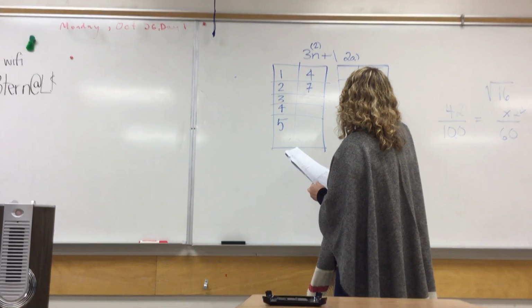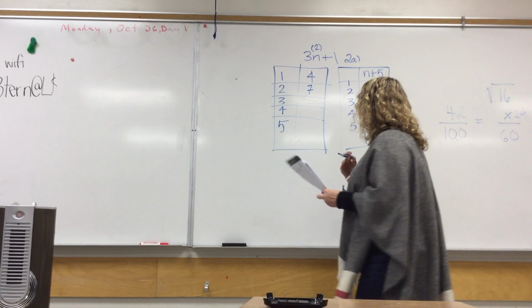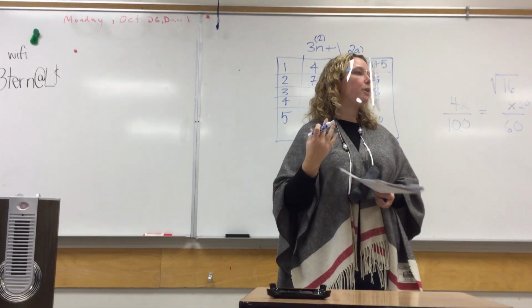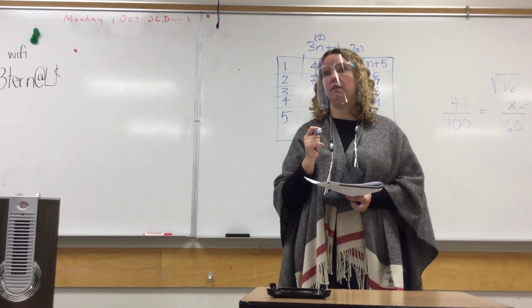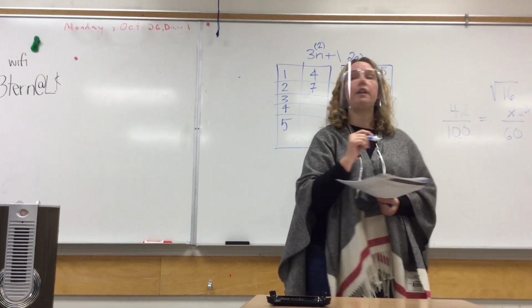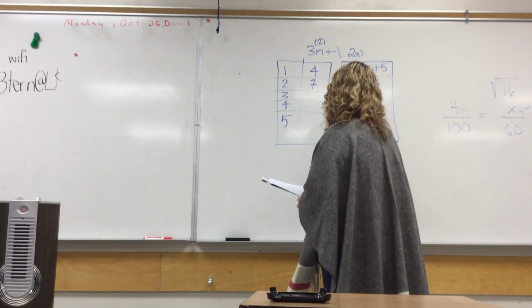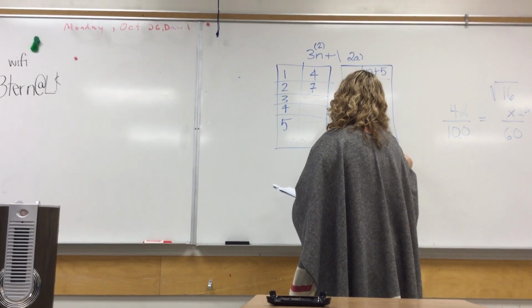What's n plus 5 for 3? 8, 9, 10. So my input is going up by 1. What's happening to my output? It is also going up by 1, even though I started at n plus 5. So you have to finish the chart. Input is up by 1. Fill this in.